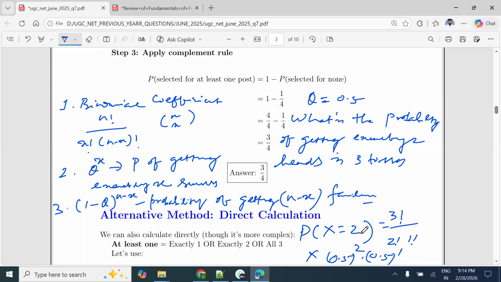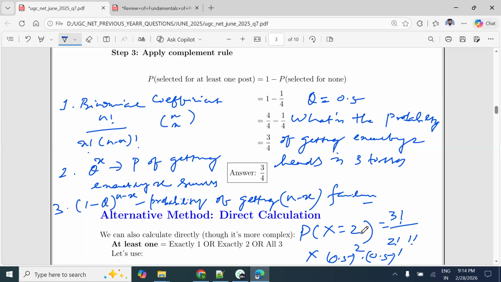First we take 0.5 squared, and after that 0.5 to the power 1.